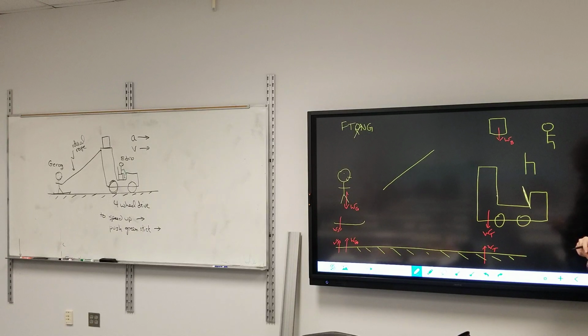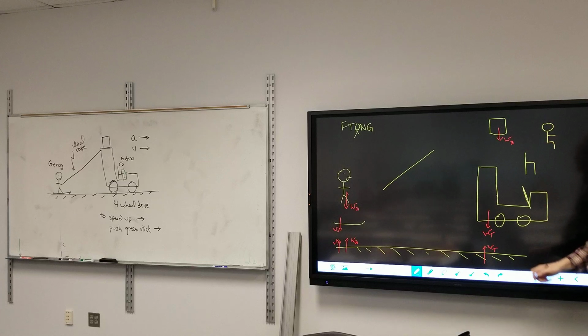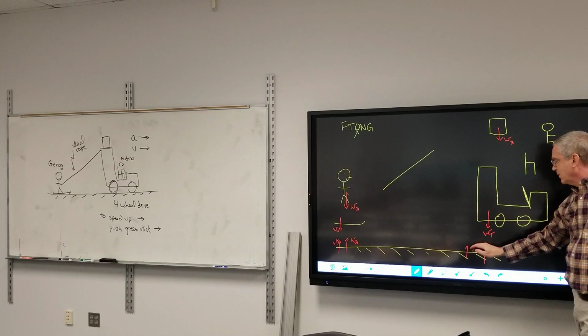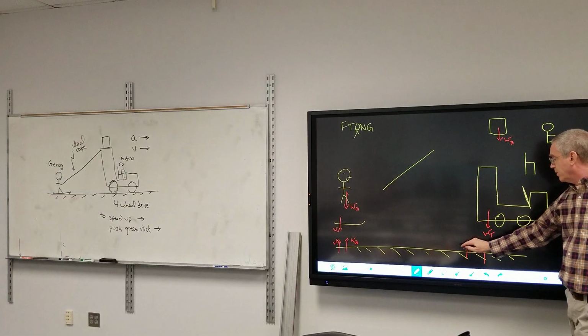Is the vehicle pulling it up? If this force is coming from the vehicle, that means if the vehicle suddenly disappeared and that box is suspended in the air, it would stay there. Because if the truck disappears, that doesn't pull it anymore. Weight is always between the small object and what? The huge. So for every weight I have on the small objects, I'm expecting there to be one coming up on the ground.